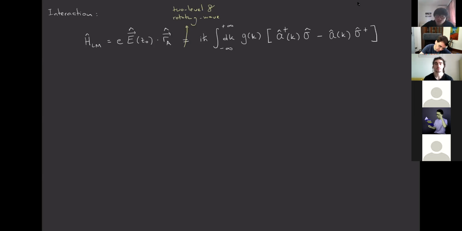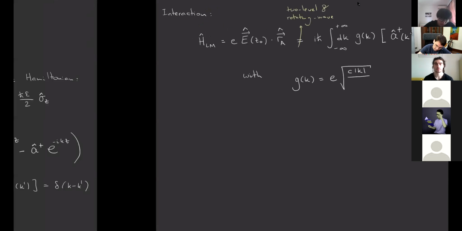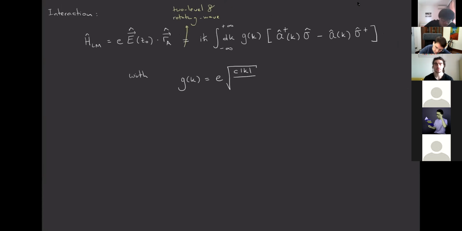Okay? And in particular, this is not super important. Well, it will be a little bit important, not the specific expression, but at least how this coupling depends on the wave vector. This coupling is exactly equal to the following. So this is essentially the dependence of the coupling on the wave vector k.